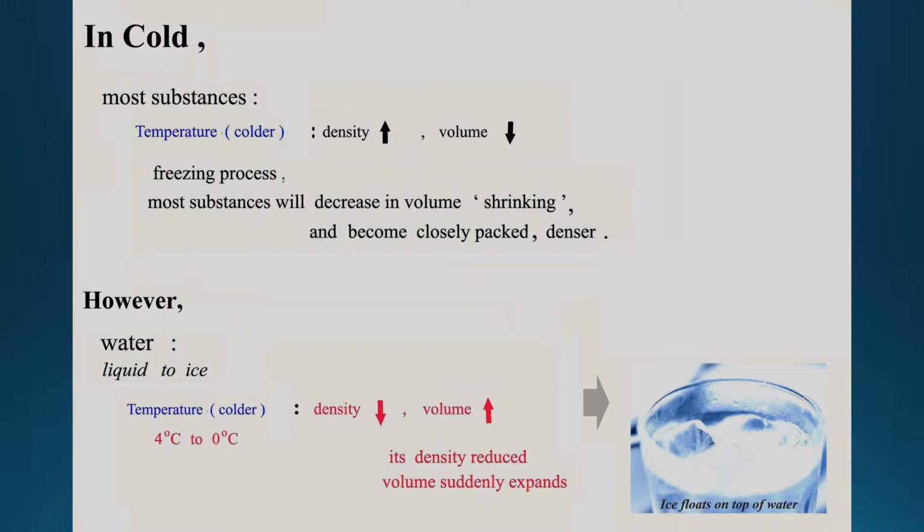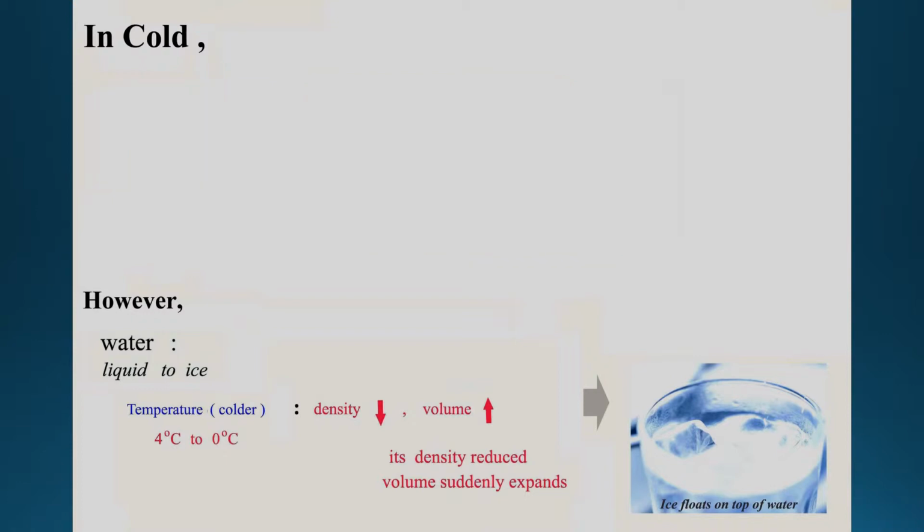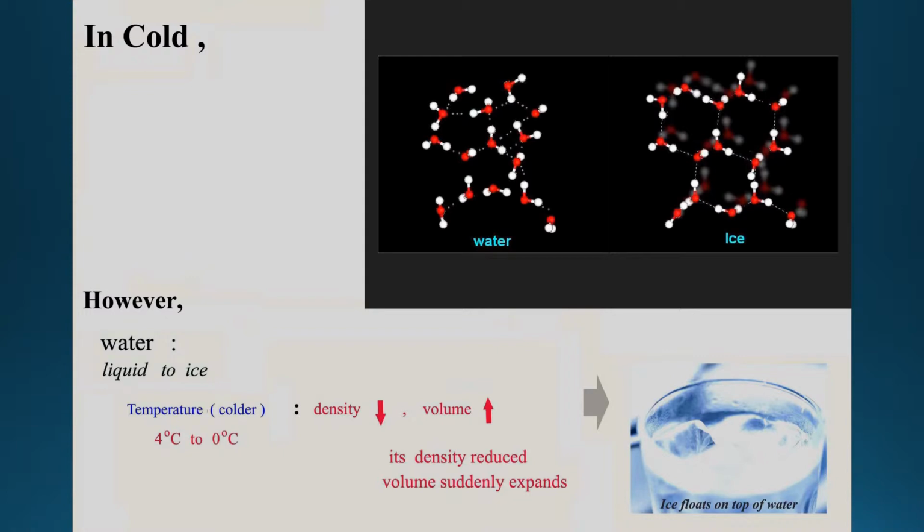And let's look at the molecular aspect of water. How come ice goes the opposite way? Let's see. In this picture, water is the liquid form, and this is the solid form of water we call ice.